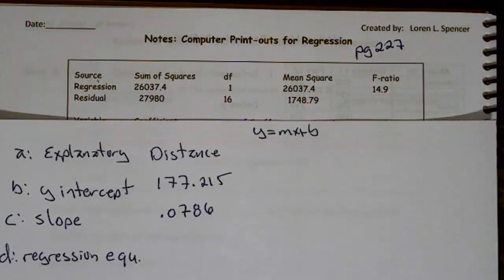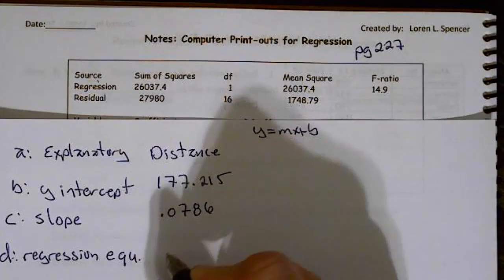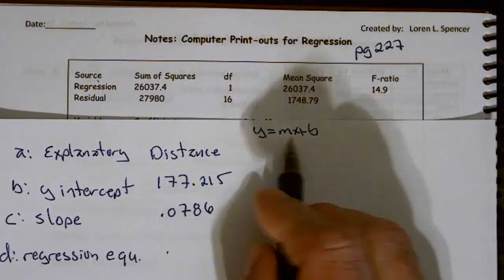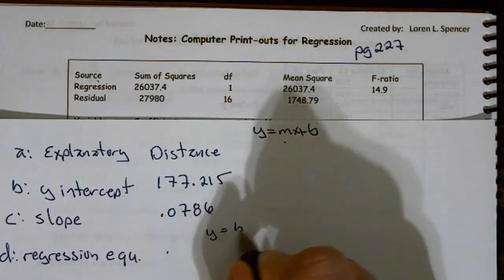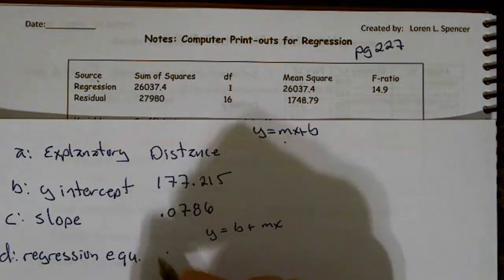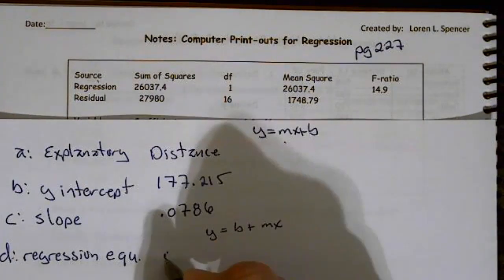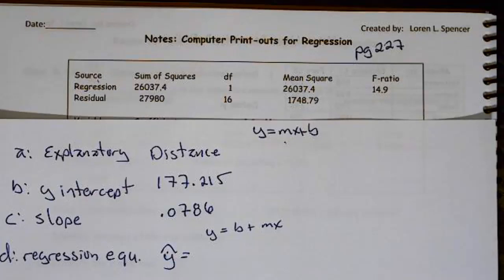The next thing is going to ask for the regression equation, and we're going to write it like this. Instead of y equals mx plus b, we're going to write it like y equals b plus mx. If you write it y equals mx plus b, I'll still give you full credit, but I want to write it as y equals b plus mx. But instead of y, we're going to use y hat because that came from the sample. So y hat, and then I was looking for b.